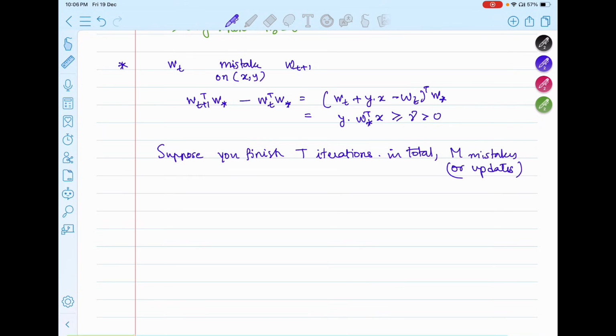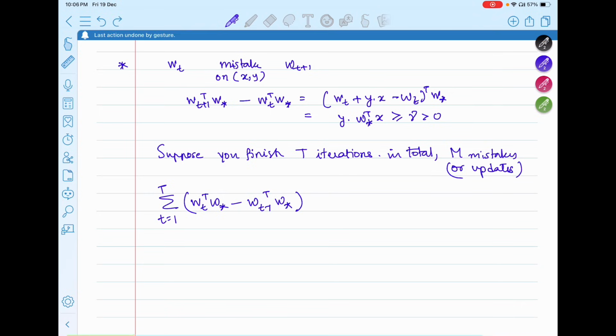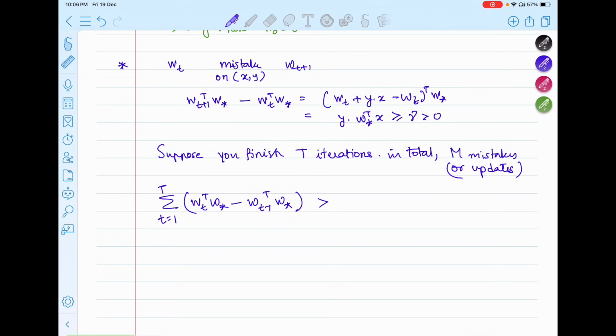Then the same thing, what I'm doing, I'm taking the sum of t running from 1 to capital T, WT transpose W star minus WT minus 1 transpose W star. What will this be equal to?